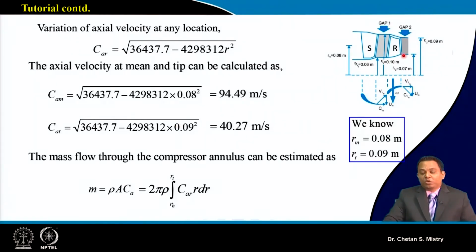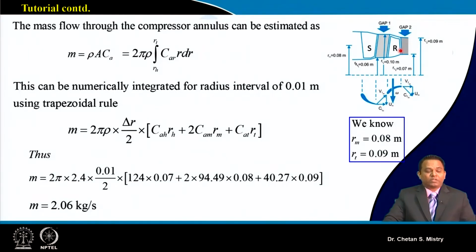That means I need to divide all these segments into small radius. Okay, so if we consider this case, you can write my mass flow through the compressor annulus, and that will be given by this formula.